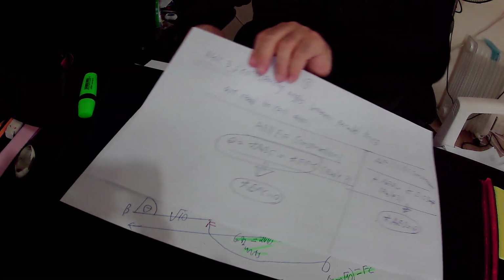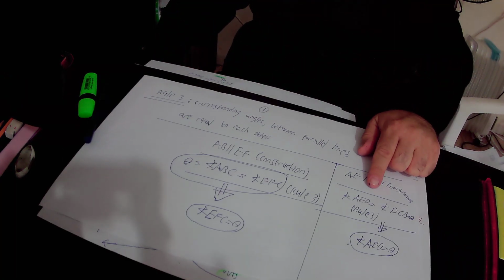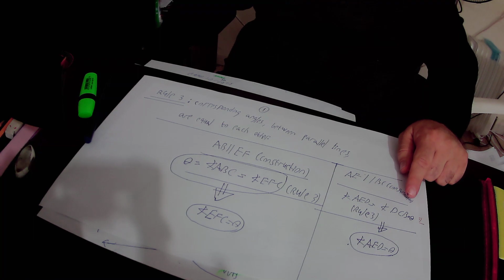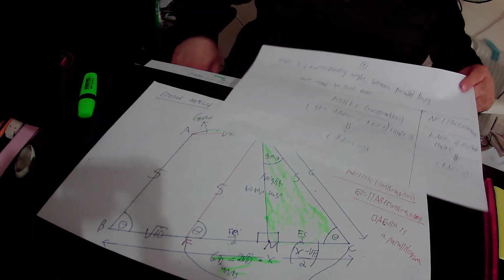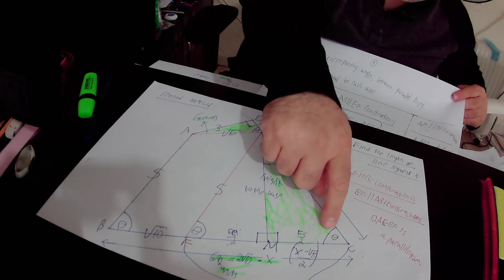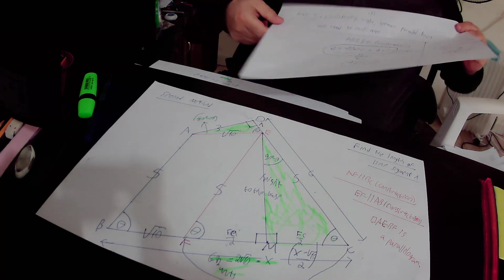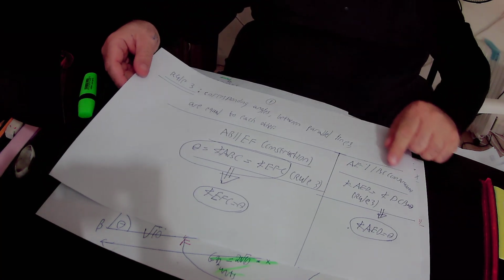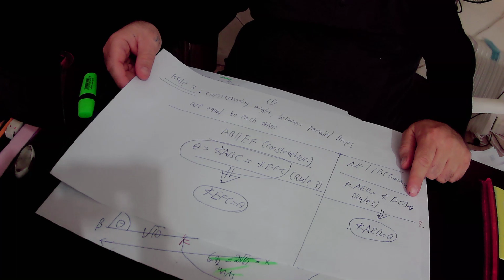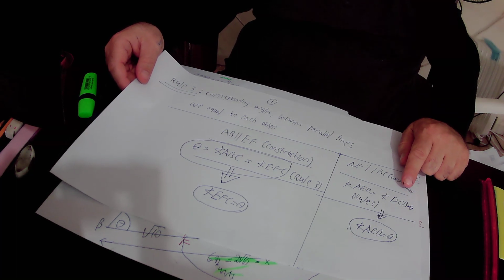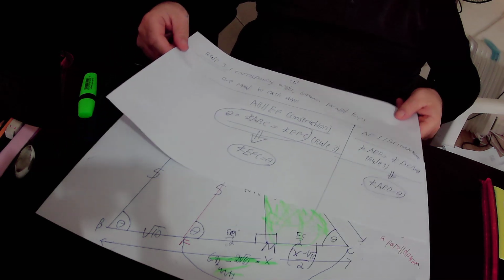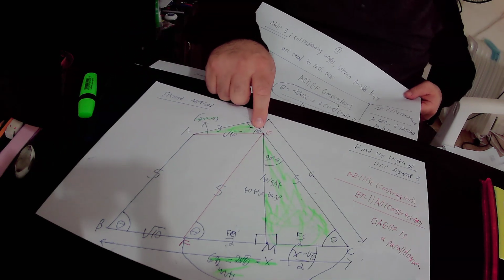That is to say, according to rule number 3, angle AED equals angle DCB. But this angle DCB equals theta according to what is given in the question. So from this equation, theta equals angle BCD equals angle AED, we derive that angle AED is also equal to theta.